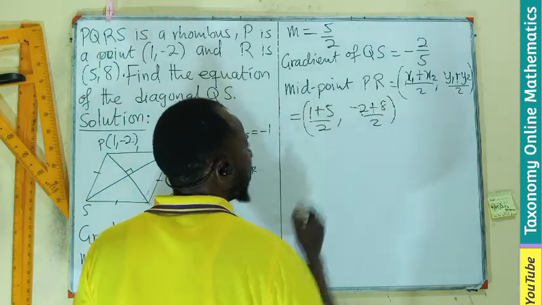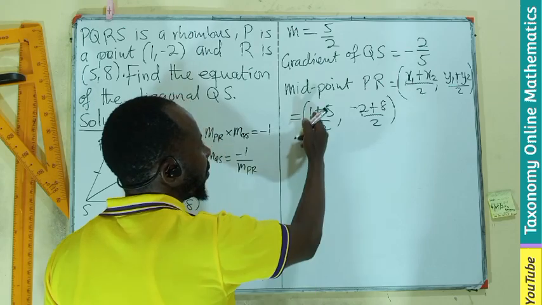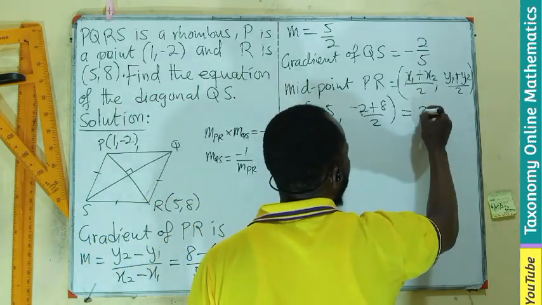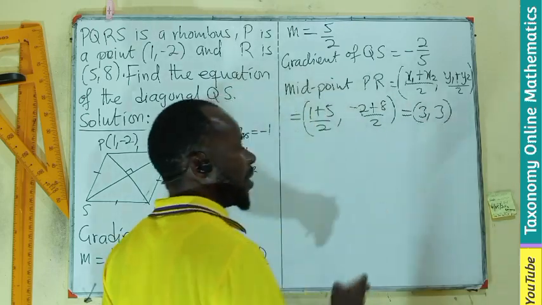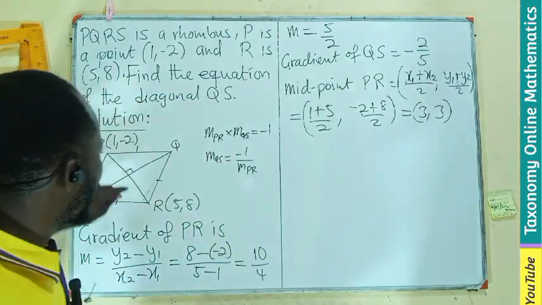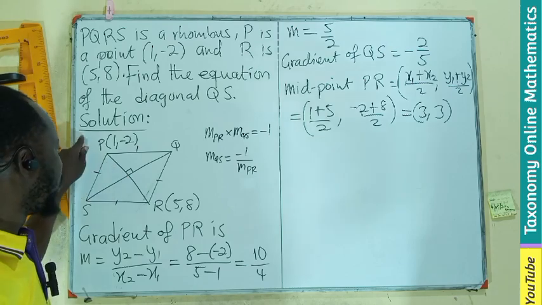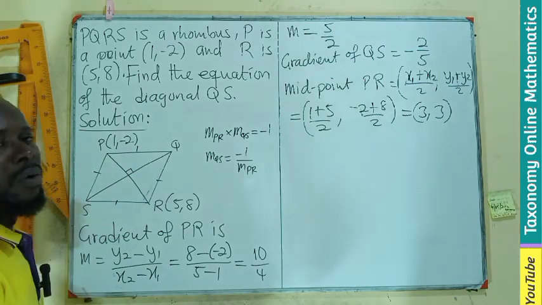So let's see, 6 divided by 2 gives us 3, and 6 divided by 2 gives us 3. So that becomes the midpoint right here, (3, 3). And that point is sitting on PR and at the same time on QS.